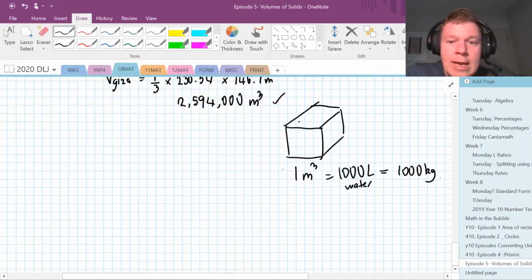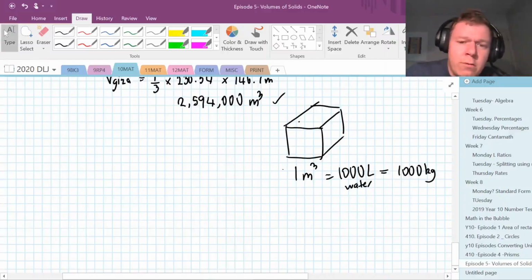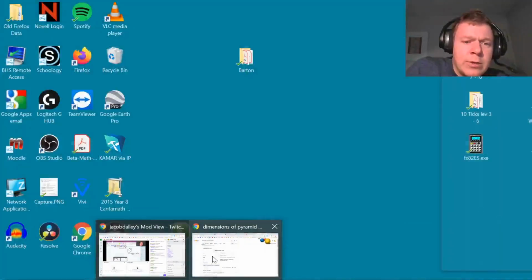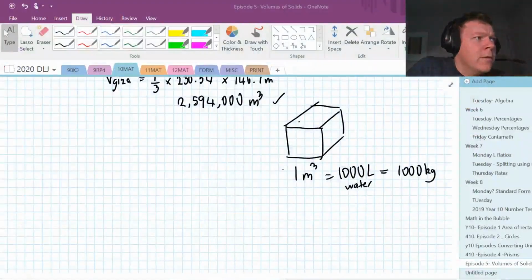It's because they're way heavier, way denser than water. So actually 1 cubic meter of granite or limestone will have a different weight. So I might just put that into Google, see what we come up with.